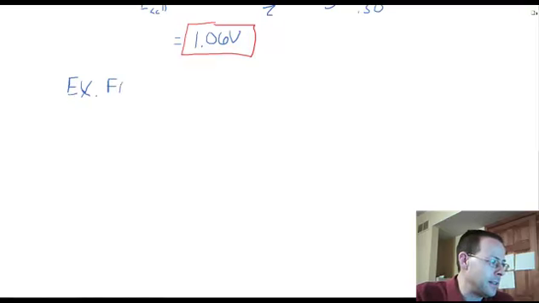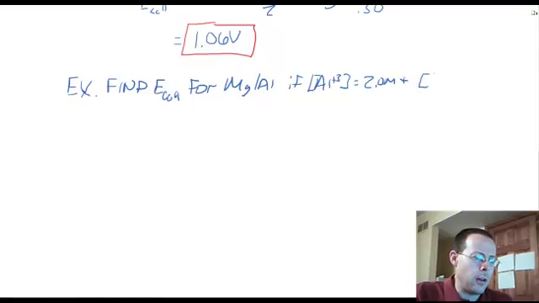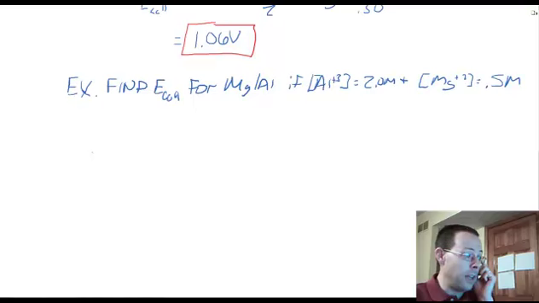Find E cell for the magnesium aluminum cell if the aluminum concentration equals 2 molar and our magnesium concentration equals 0.5 molar.